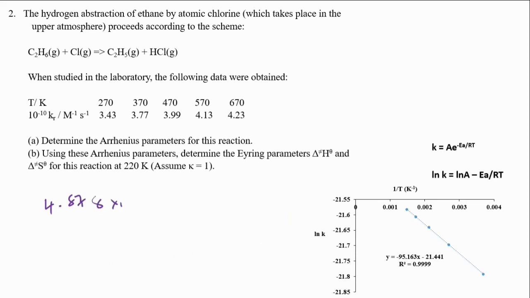4.87878 times 10 to the minus 10 is equal to 3.388, and then now exponential delta S, which is the unknown, over 8.314.